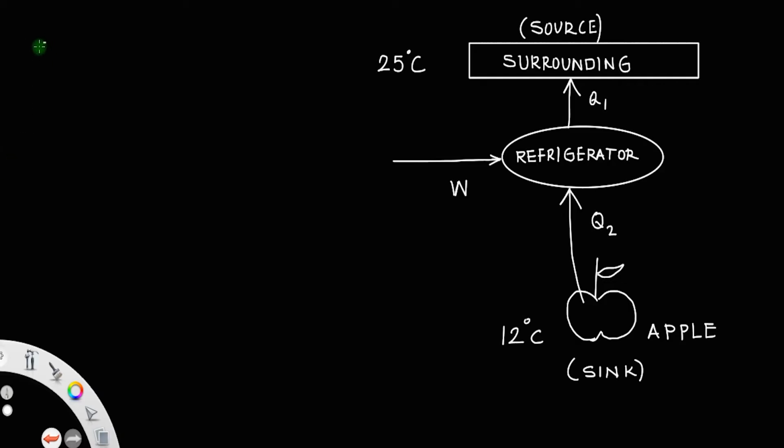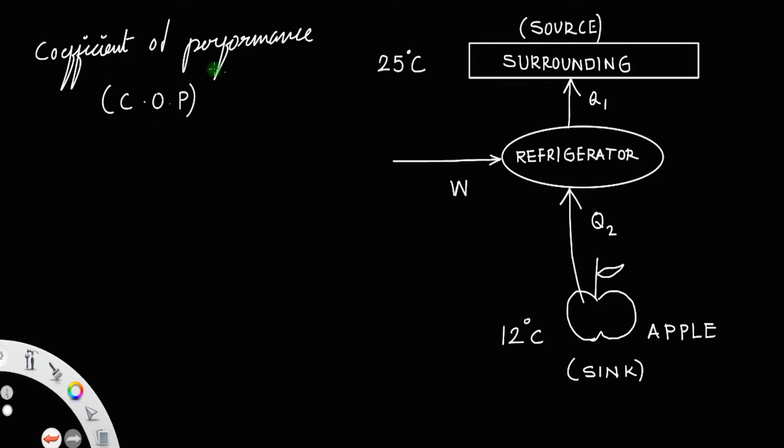So we define a term called coefficient of performance, which we call COP. This indicates the performance of a refrigerator. Before that, let us take the law of conservation of energy. Just look at the arrows.